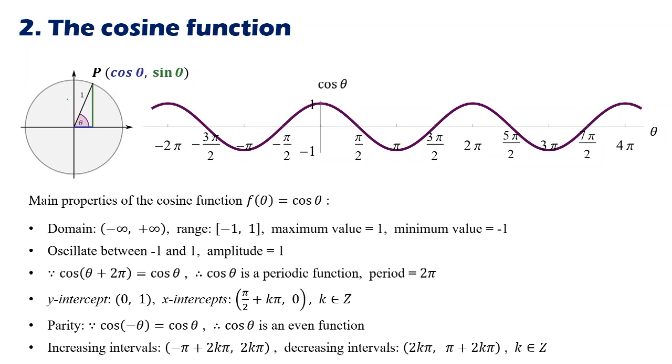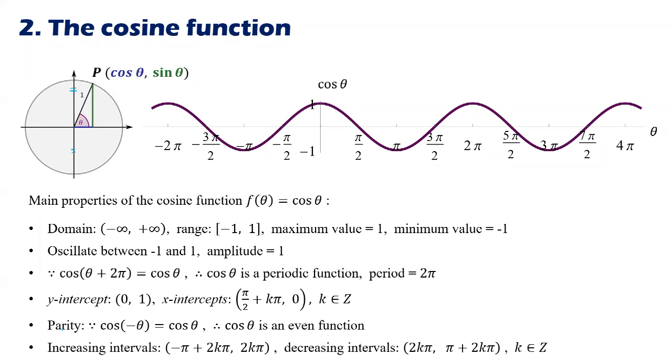Why? Because half pi plus k pi covers all angles with the terminal side on the y-axis, right? So when the terminal side is on the y-axis, cosine theta must be 0. That means those are the x-intercepts, right?